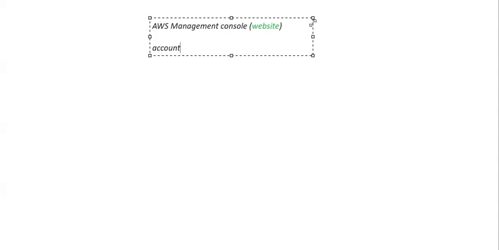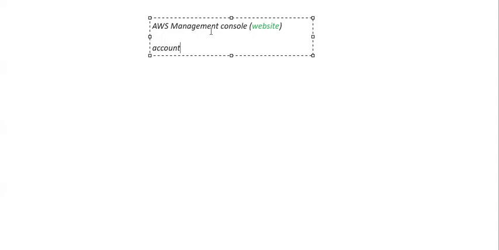Just as you sign in to other websites like YouTube by using your Google account, in a similar way we can create our account in the AWS Management Console.